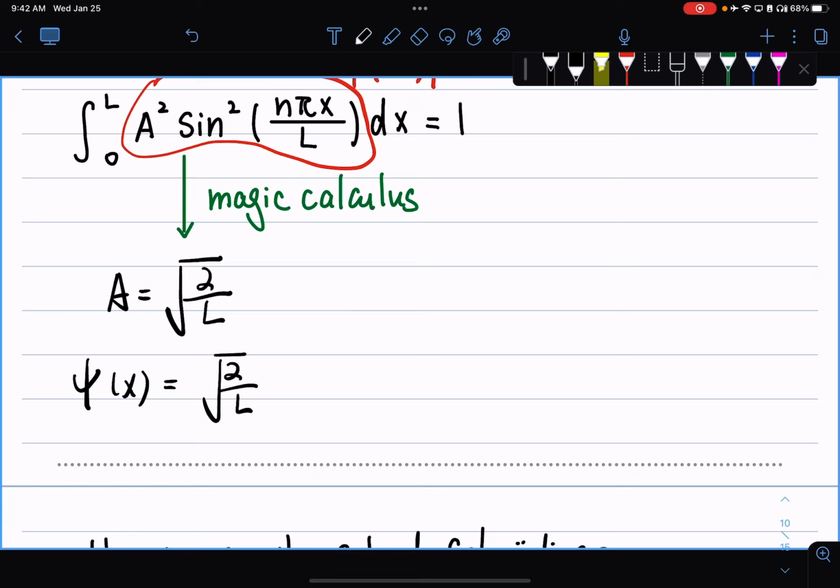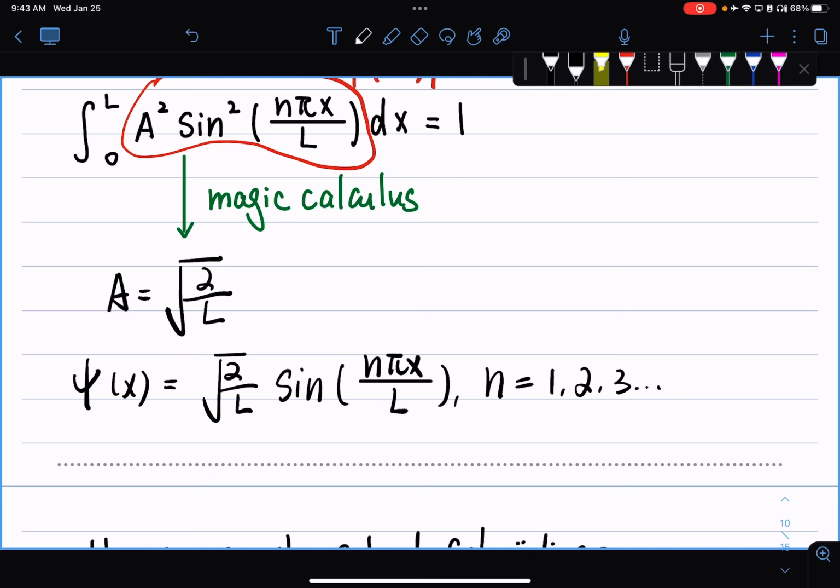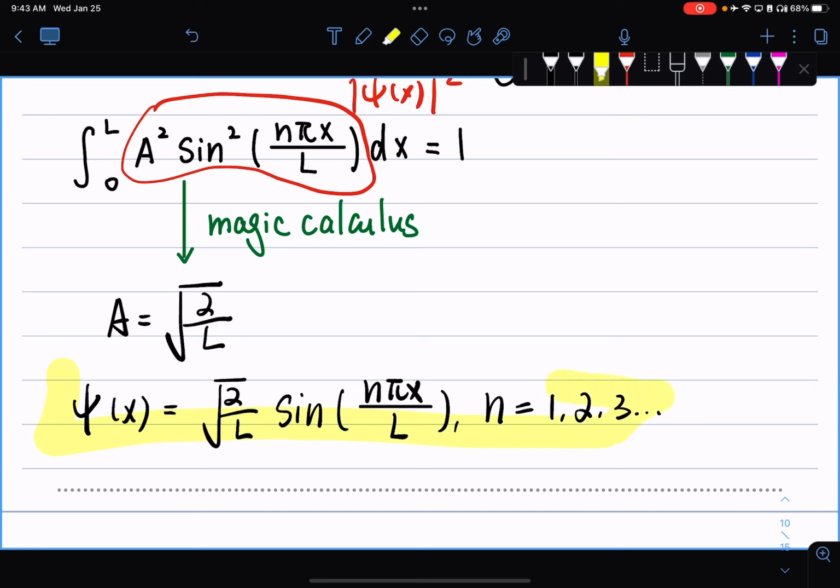That 2 over L is my normalization coefficient, times sine(n pi x over L), where n equals 1, 2, 3, etc.